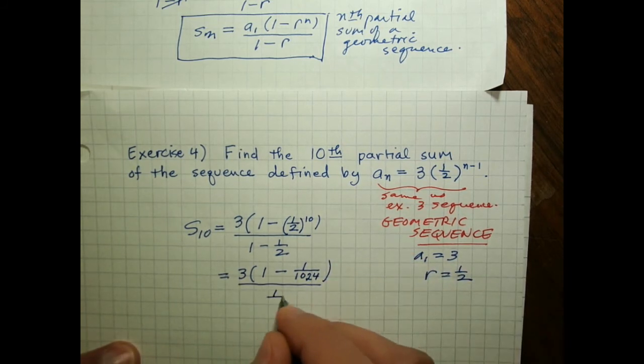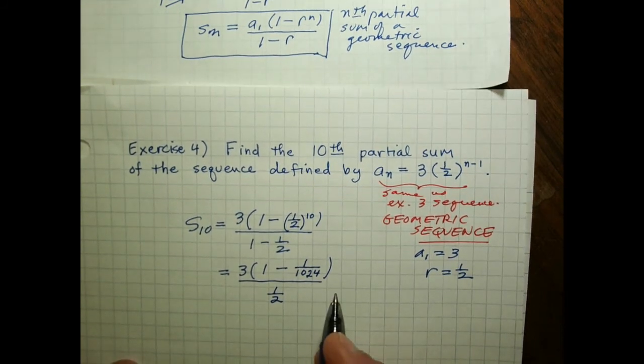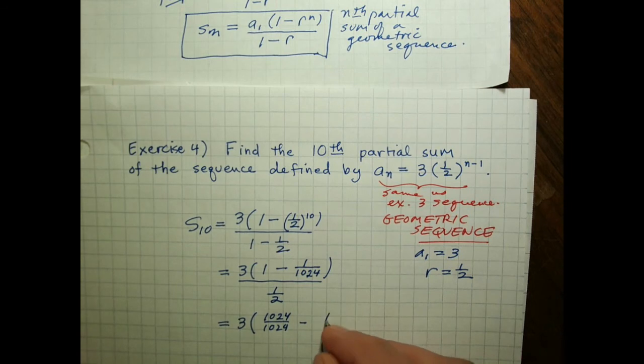1 minus a half is a half on that denominator. And what I would do here is just write this out as follows. That 1 I can write as 1,024 over 1,024, minus 1 over 1,024.